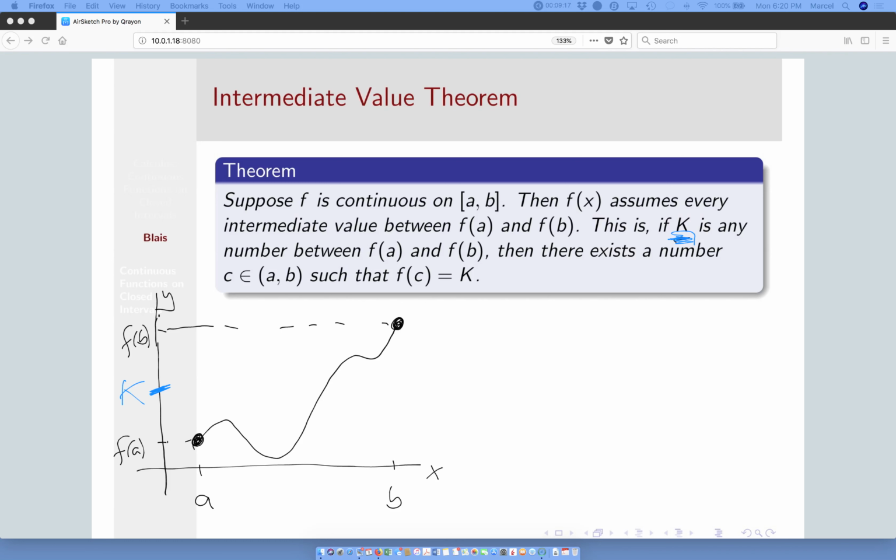So take this k, now march over. There has to be some point where the function takes a value of k, and we're calling the point where that happens c.